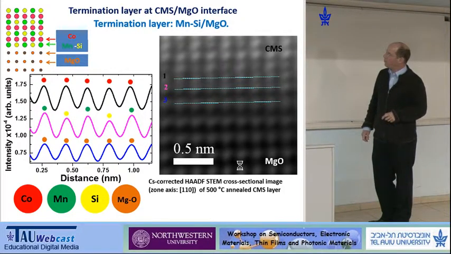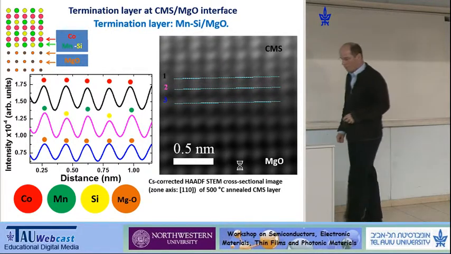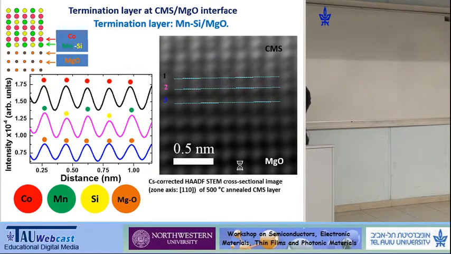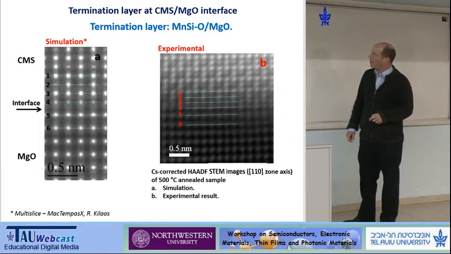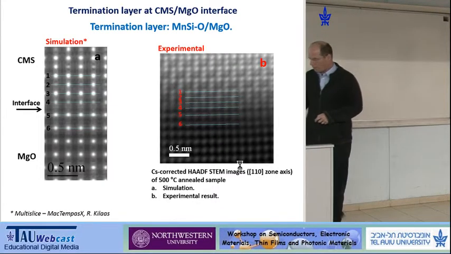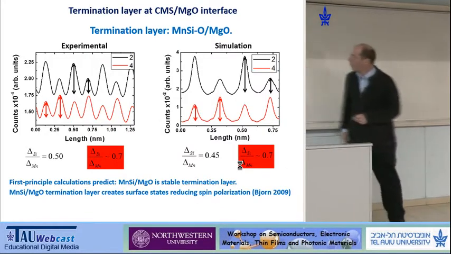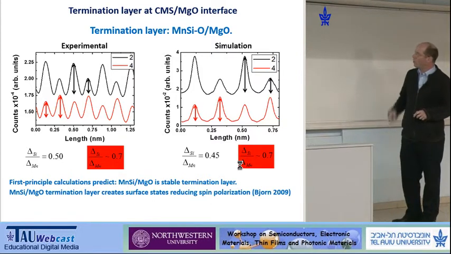So this is the interface. You can determine it's cobalt, and then actually the terminating layer is manganese silicon, and then you start off with magnesium oxide. But thanks to image simulation, you can take it a step further, and you can really check the exact intensities between the simulation and experiment, and fine-tune it to really determine the composition.